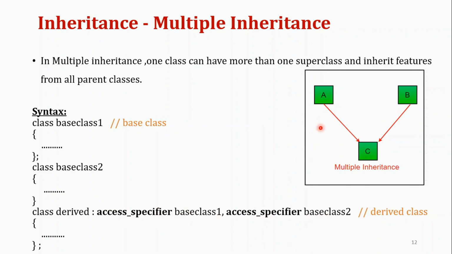For this example, class C would be colon public A, comma, public B, assuming you are inheriting in public mode. So both the classes are inherited to class C. That is multiple inheritance, multiple base classes or multiple parent classes.